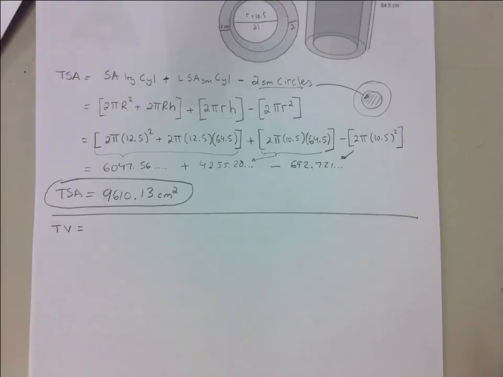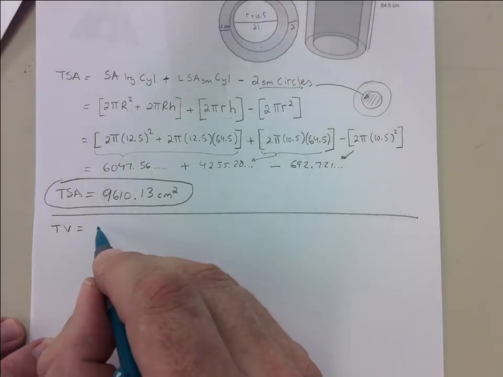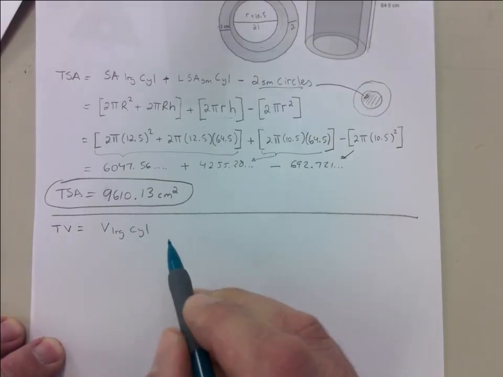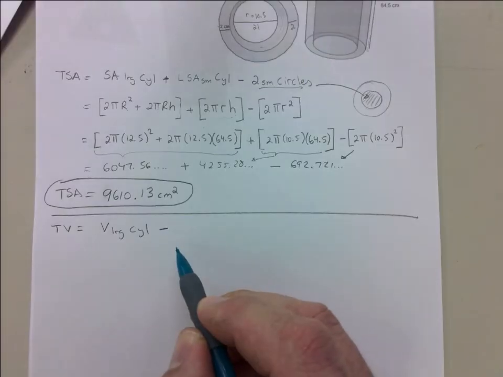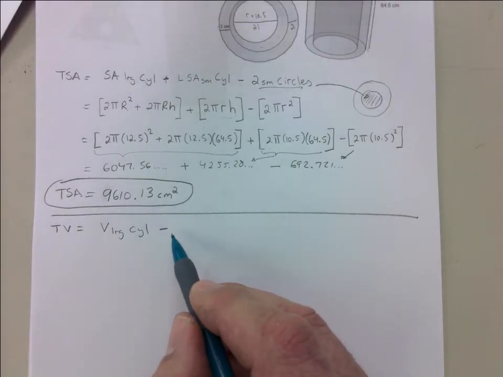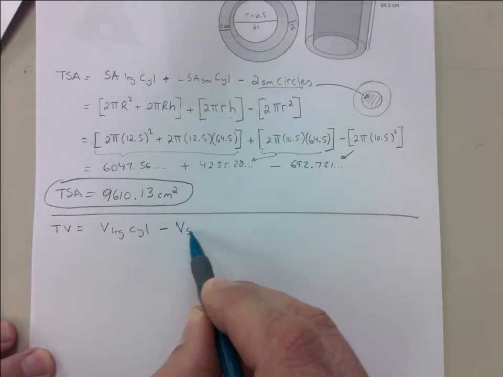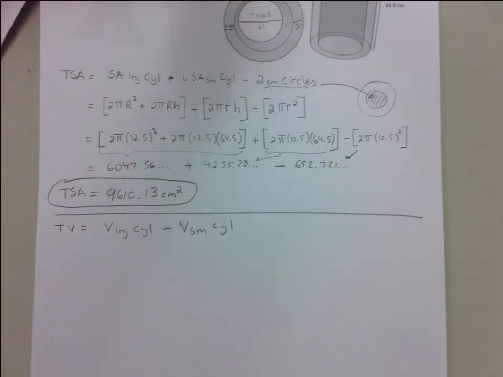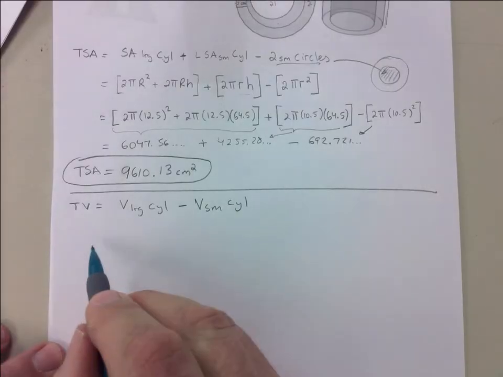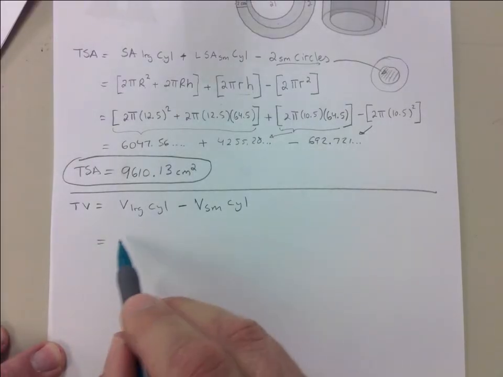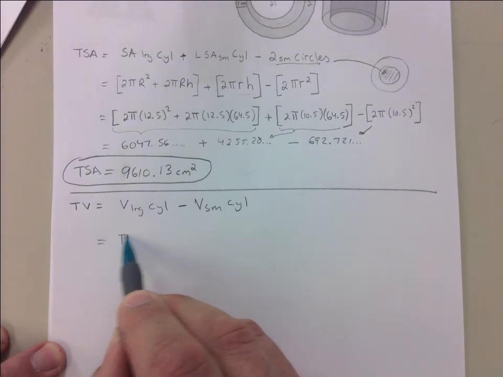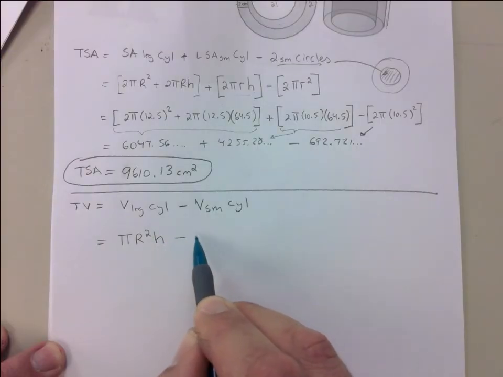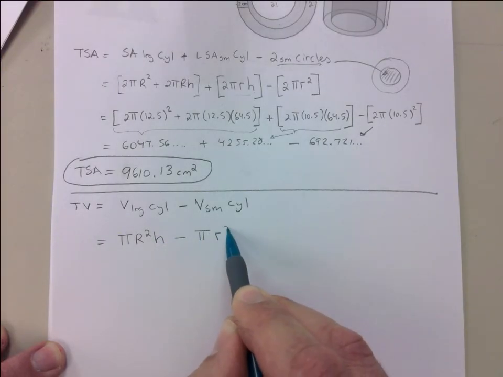Yeah. Total volume, you're going to go volume of large cylinder. You're just drilling a hole. You're just taking out volume. Minus volume of small cylinder. That's it. So what's the volume of the large cylinder? Pi r squared times h minus pi radius squared times h.